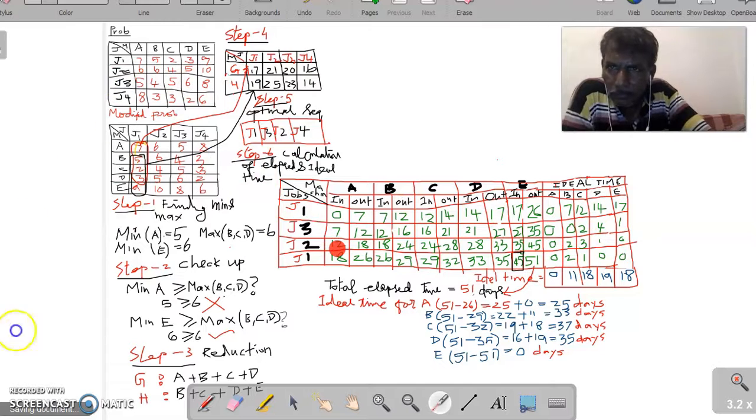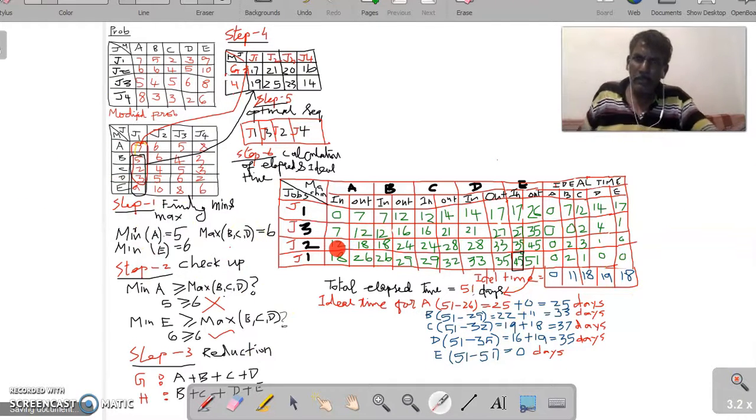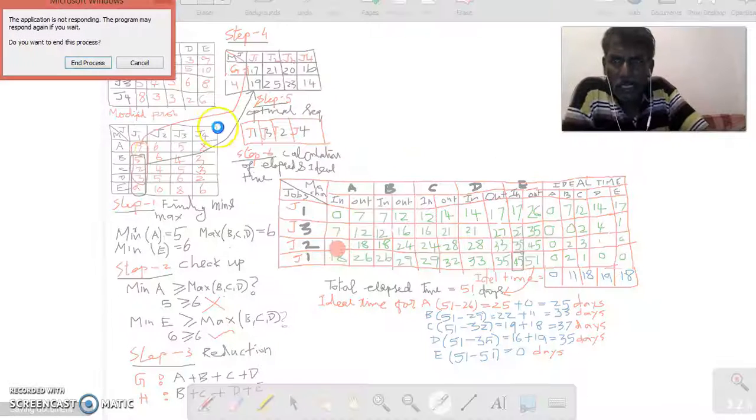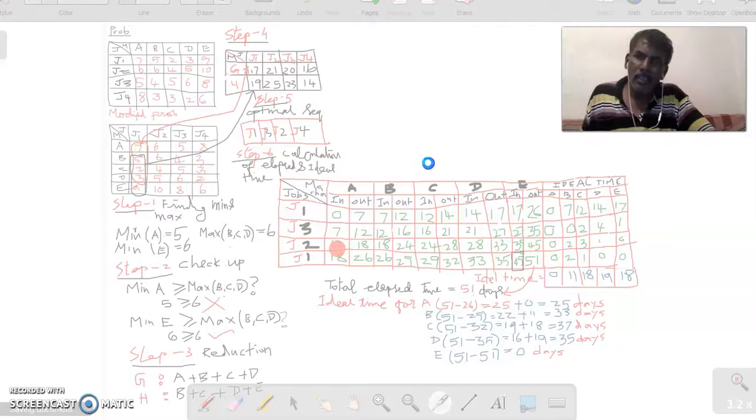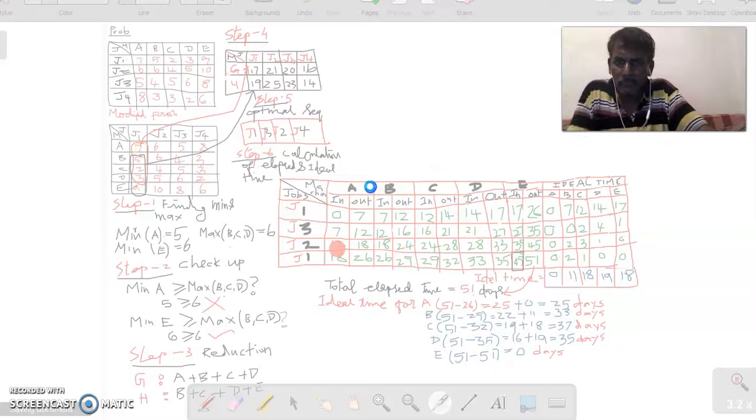Here, what happened there? The cursor is not working there. Time is going out. So this is the way we can calculate the processing time for a machine.